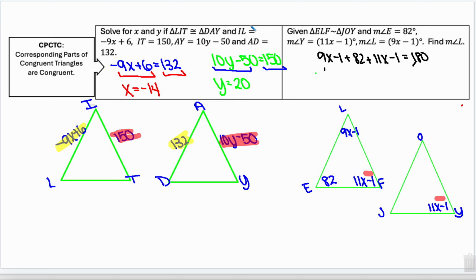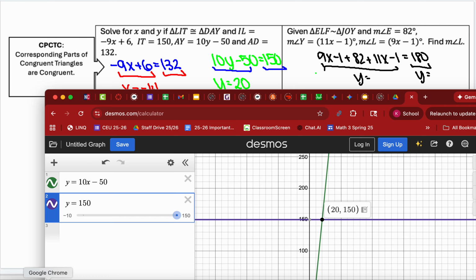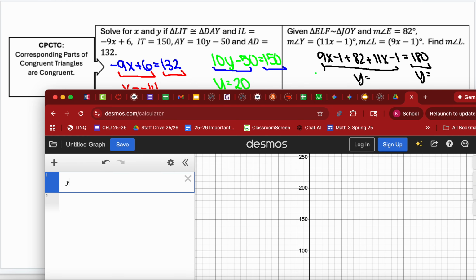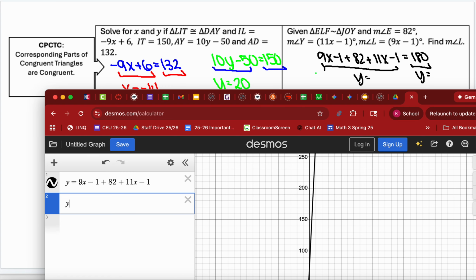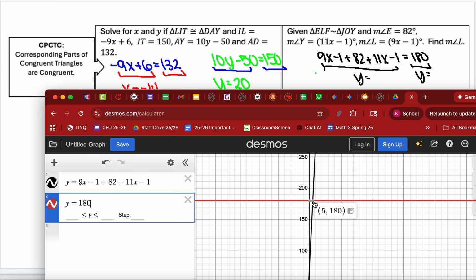And I'm going to opt to use Desmos to solve and say y equals this, y equals that. Y equals 9x minus 1 plus 82 plus 11x minus 1, and y equals 180. Okay, great.